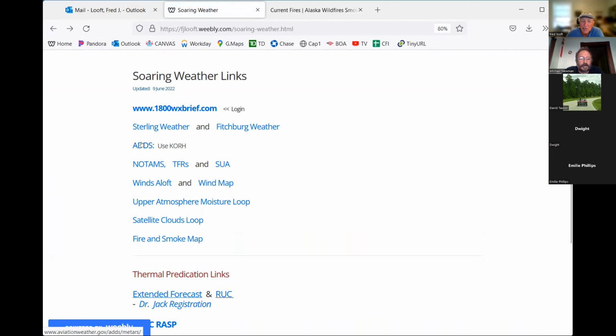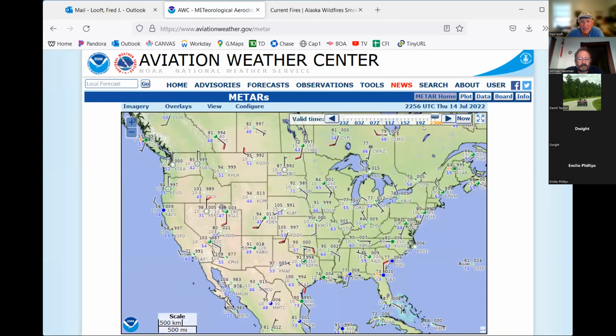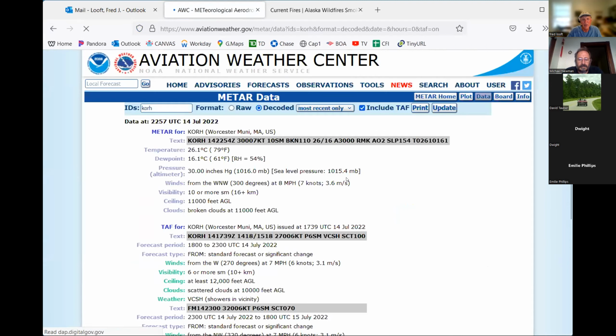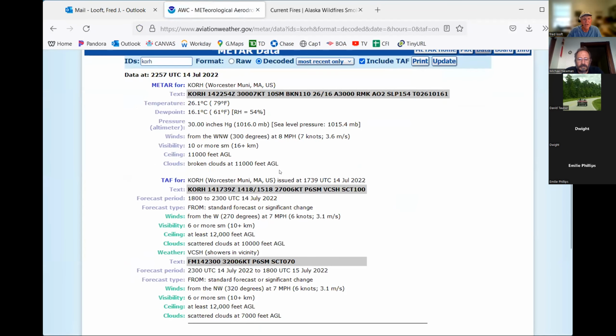I use ADDS. This is a very common website. Just scroll down to here. I'm going to put in KORH. I'm going to decode it, and I'm going to include the terminal area forecast, get the METAR data, and there it is, the METAR data that's right now, and this is the prediction for roughly the next 24 hours.